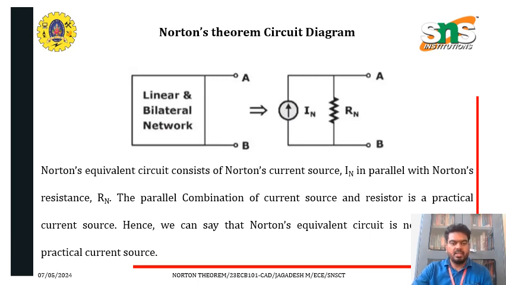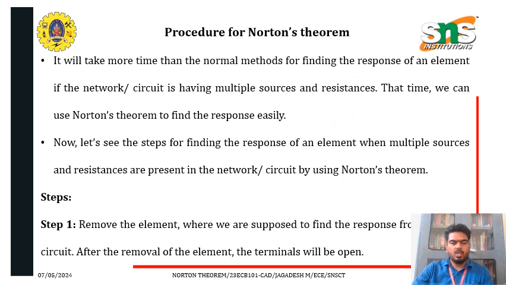So this Norton equivalent circuit consists of Norton current source IN in parallel with Norton resistance RN. The parallel combination of a current source and a resistor is a practical current source. Hence we can say the Norton equivalent circuit is a practical current source. So how do we convert a complex circuit into a current source in parallel with a resistance?